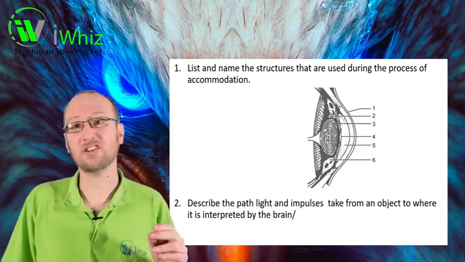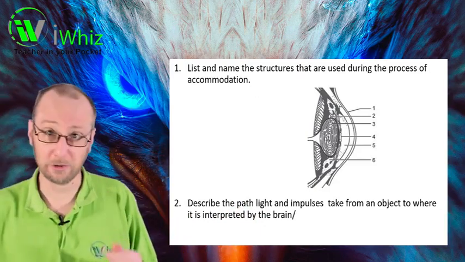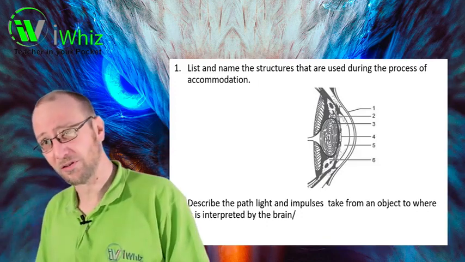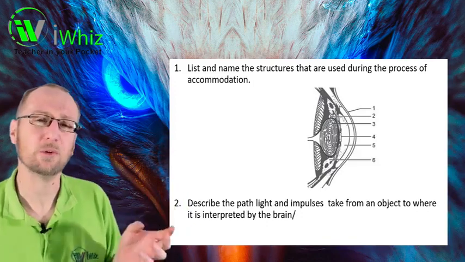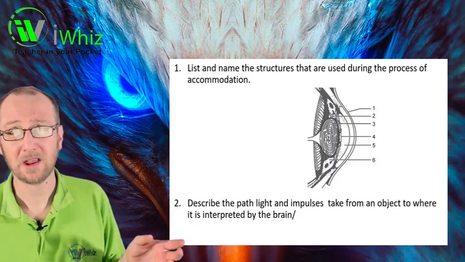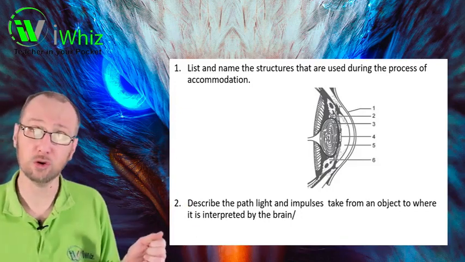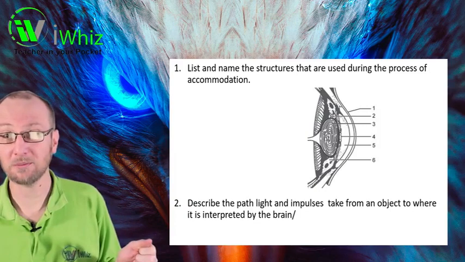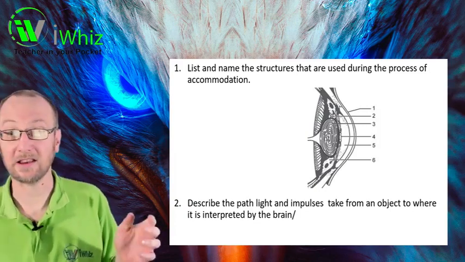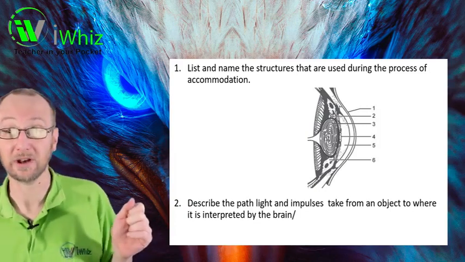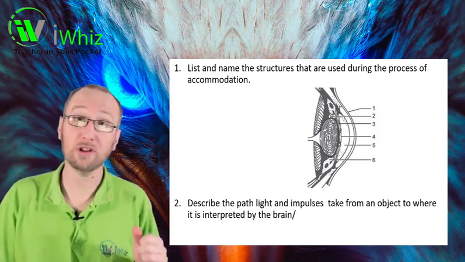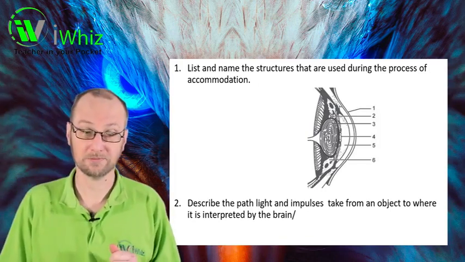Unless, of course, you said that number 6 was the ciliary muscle. You could have said it was the iris, but you could have also said it was the ciliary muscle. In which case your answer would be 2, the suspensory ligaments, 3, the lens, and 6, the ciliary muscle. These are all used during the process of accommodation.